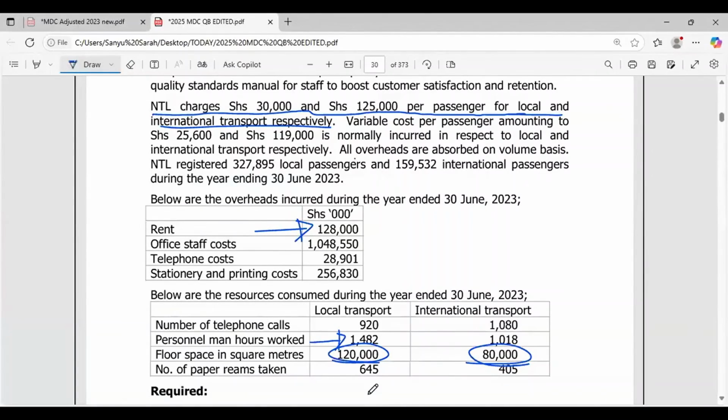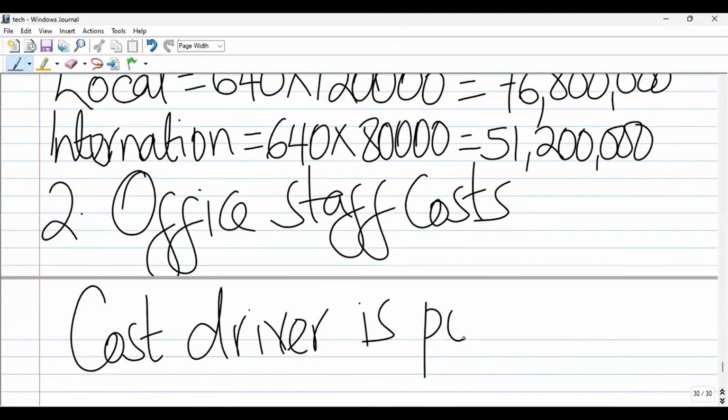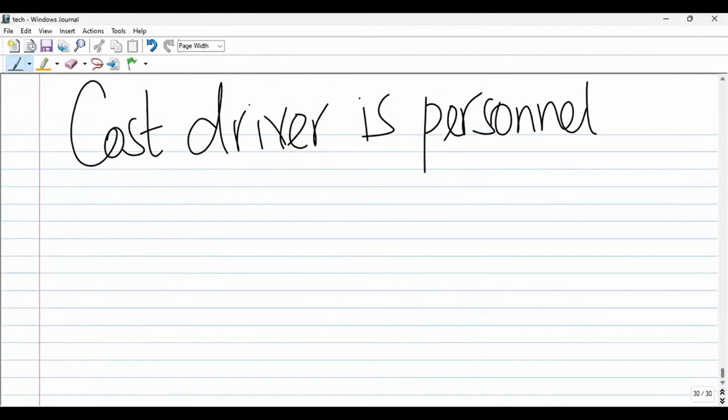That is the most appropriate. Some may be close, but we are looking for the closest: personnel man hours worked.